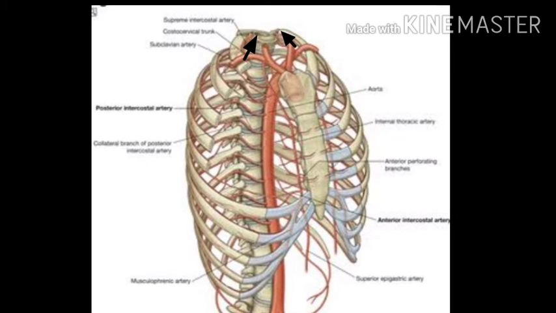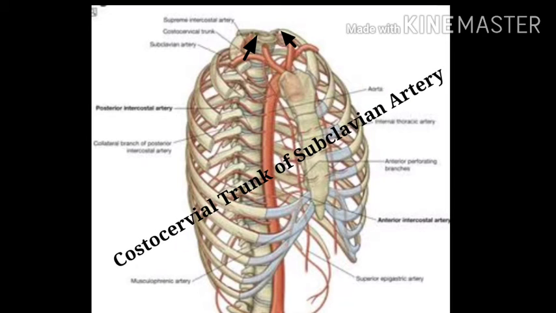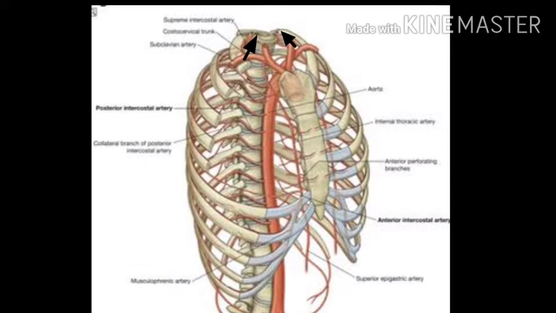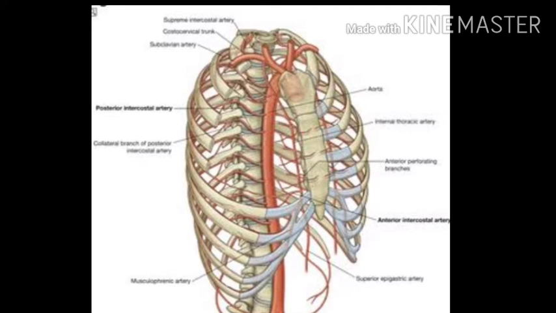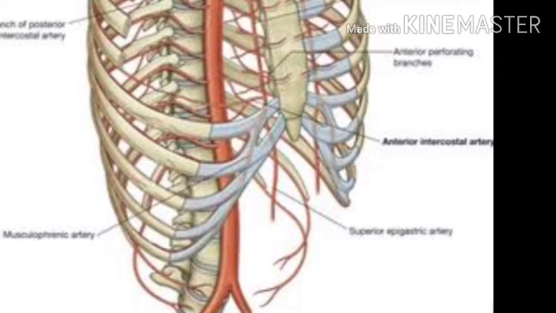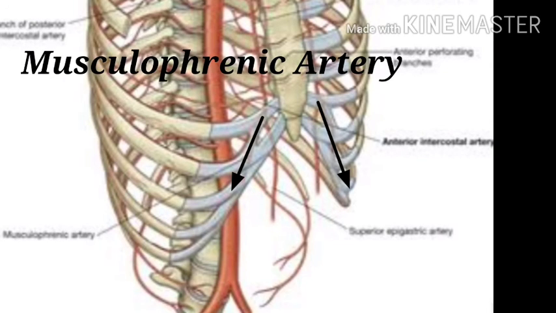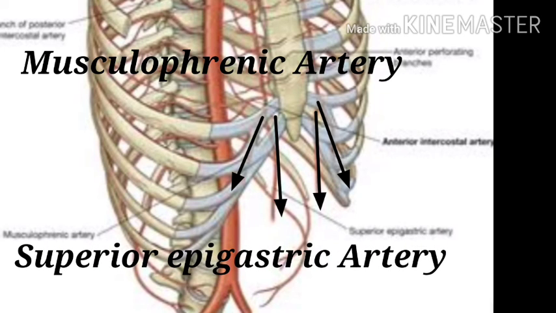There is another artery which arises superiorly from the costocervical trunk or the subclavian artery, and it is known as the superior thoracic artery. In the diagram, you can also appreciate that the internal thoracic artery, at the level of the sixth rib, divides into two branches, which are the musculophrenic artery and the superior epigastric artery.